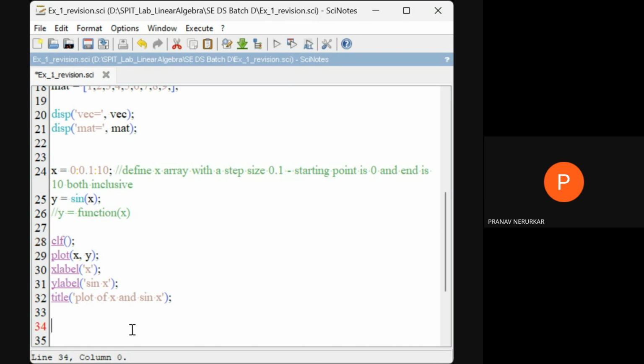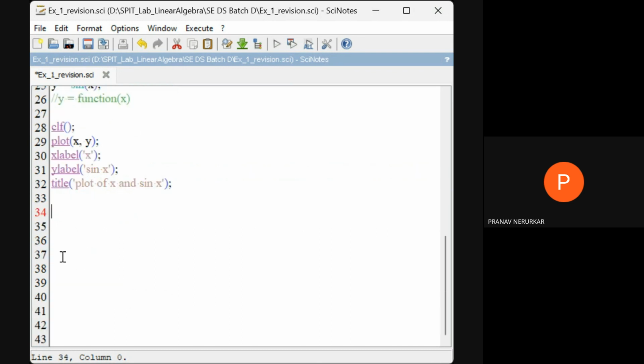Then sometimes loops are unavoidable. In that case, we can write for i equal to 1 to n and display i, semicolon.